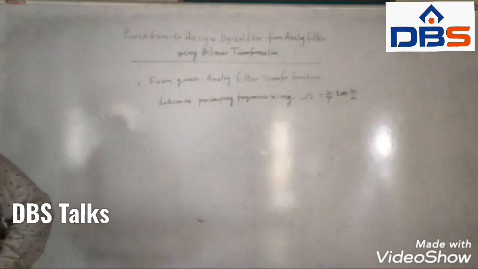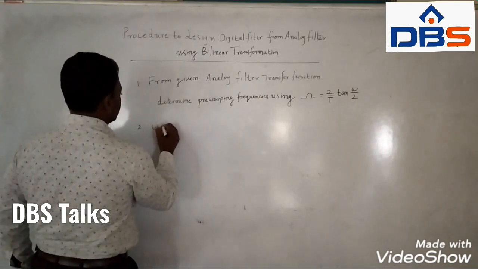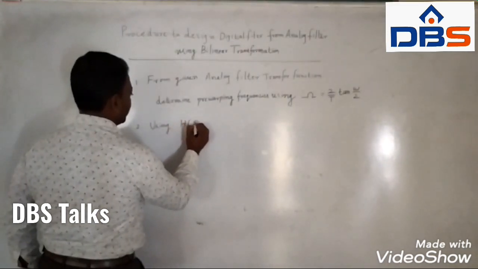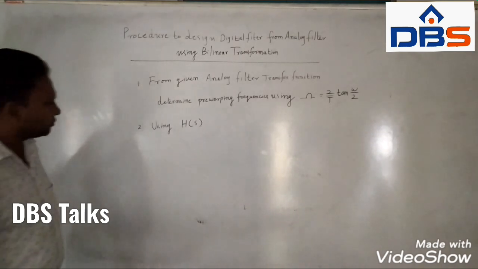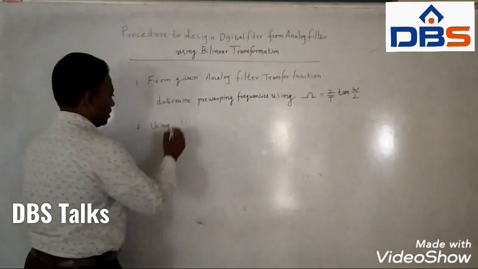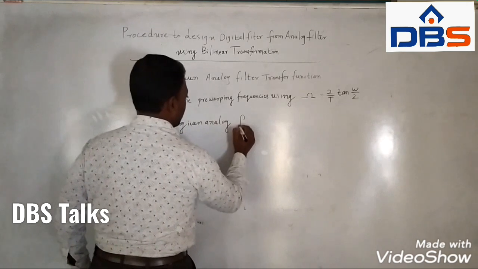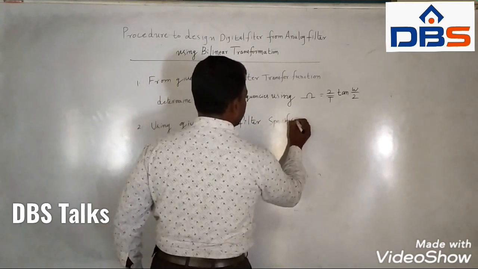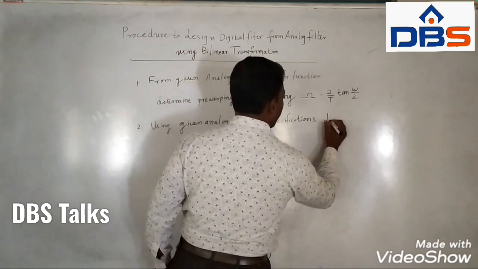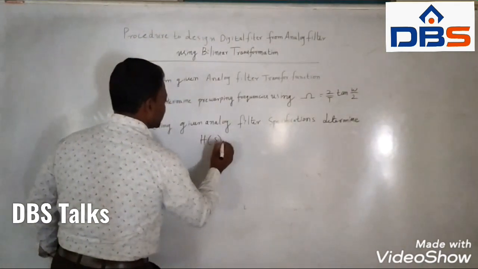Second one, using the given analog filter specifications, determine H of S. Okay, this is the analog filter transfer function.